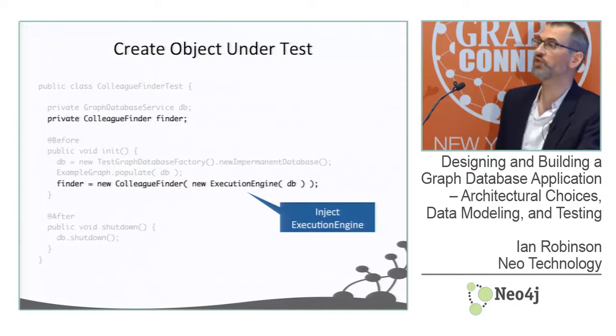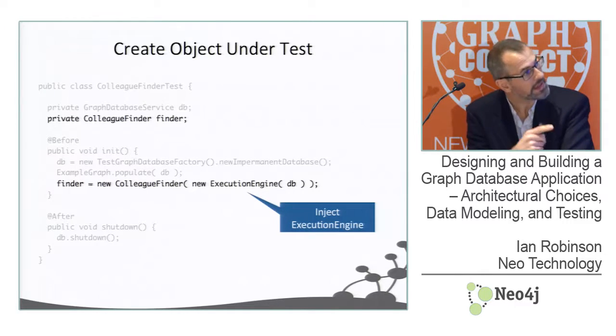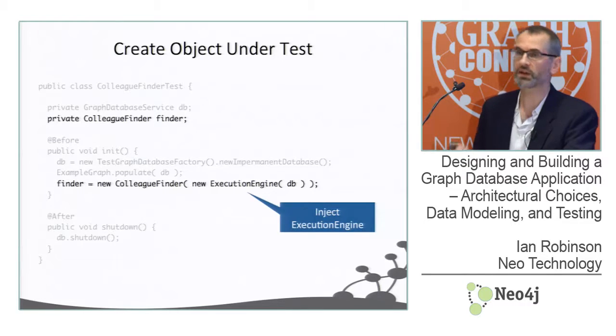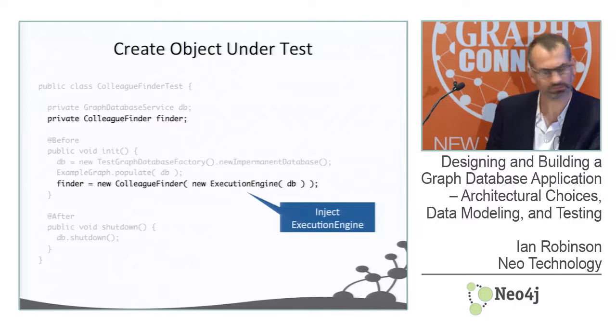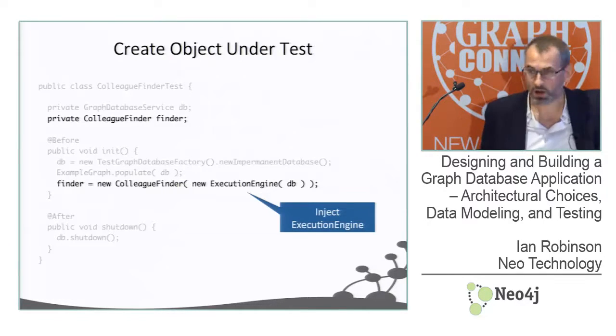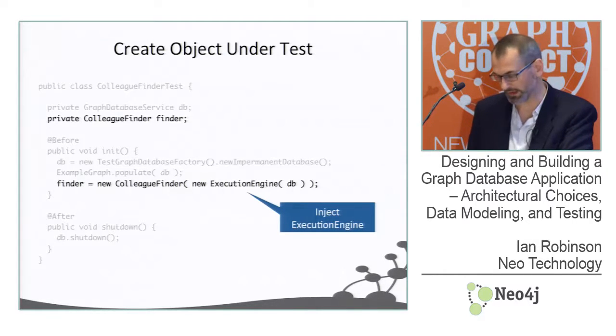And then I'm creating the object under test. I'm going to create a colleague finder object that encapsulates my Cypher query. What I'm doing here is injecting the Cypher execution engine into that object under test. Again, the object under test I've assigned to a member variable. And when we tear down after the test, we just clean everything up. We just tear down the database and shut it down cleanly.